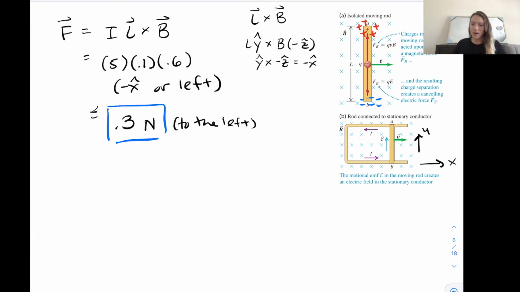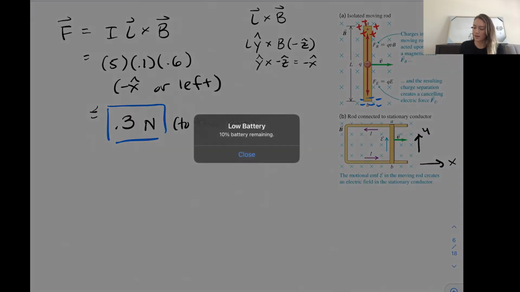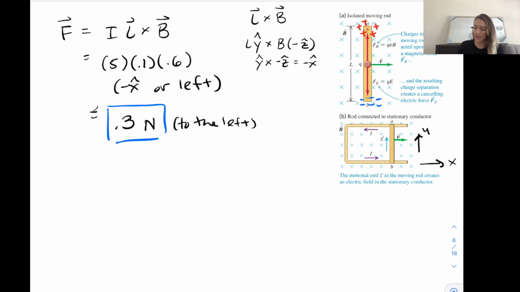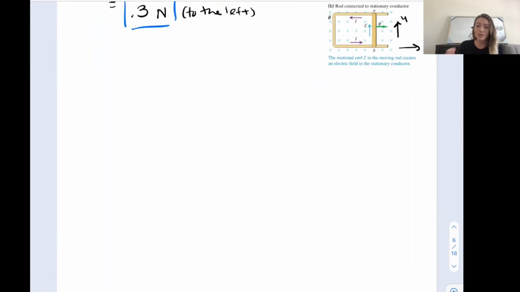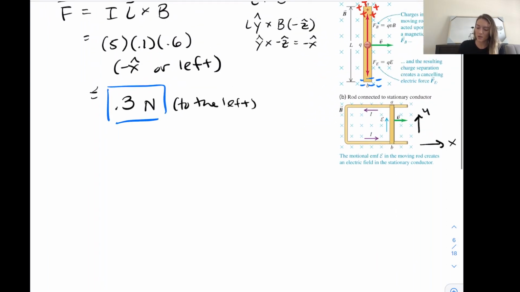Now, let's also find the power dissipated through this circuit. Since we know that this circuit has a total resistance of 0.03 ohms, we can find the total power dissipated through it.